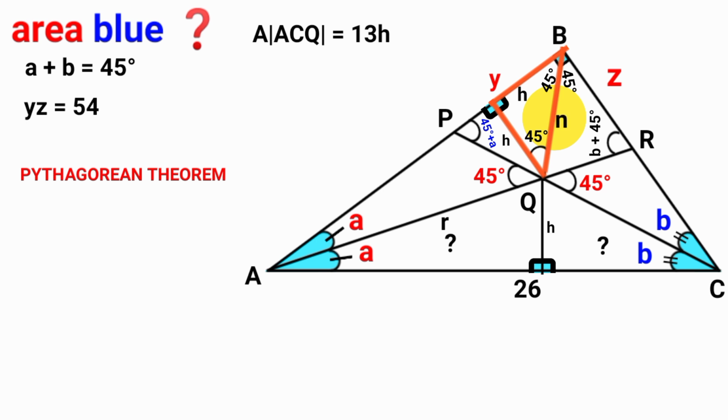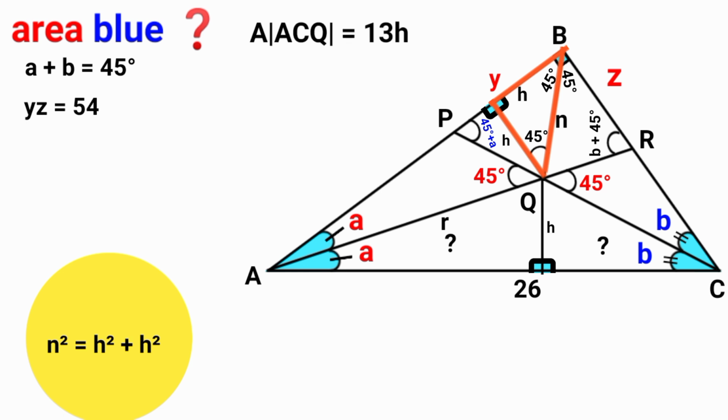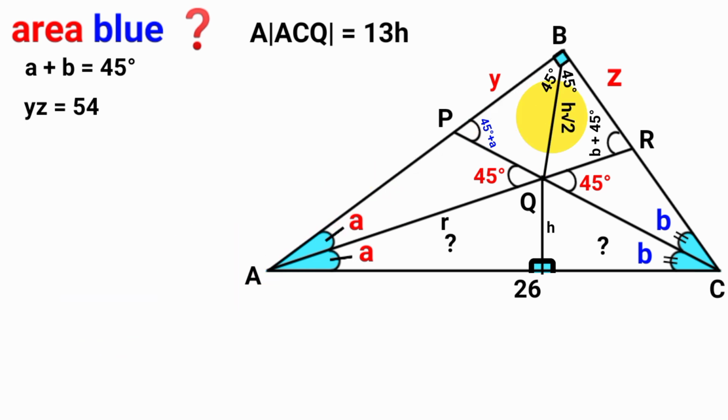So by Pythagoras, n squared equals h squared plus h squared. h squared plus h squared is 2h squared. So n squared equals 2h squared. Take the square root of both sides. Here the square root of n squared is n, while here the square root of 2h squared is h root 2. So n equals h root 2. That is, the length of this side is h root 2.